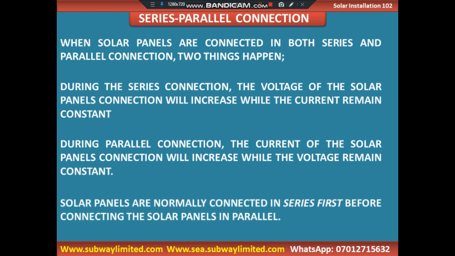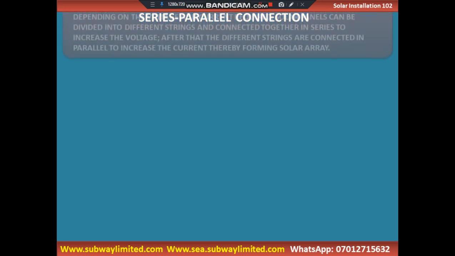I don't know what other people do. We normally connect our panels in series first before we connect them in parallel. What I mean is, we first of all connect the panels in series before we connect them in parallel.